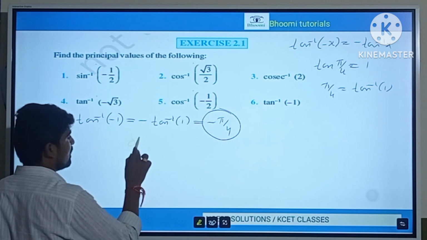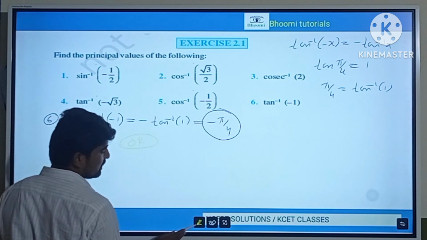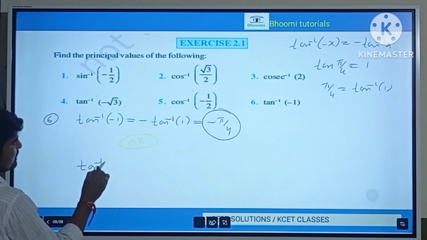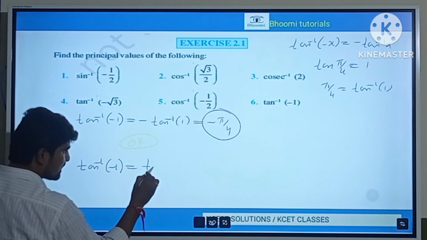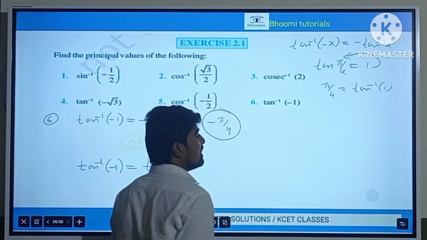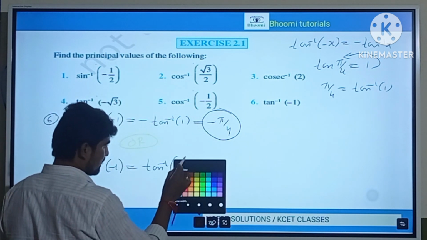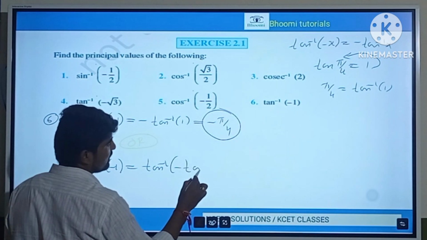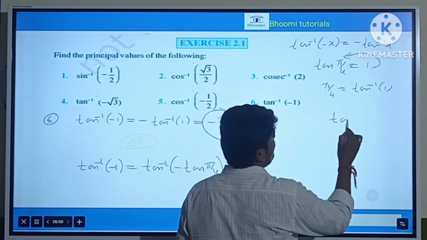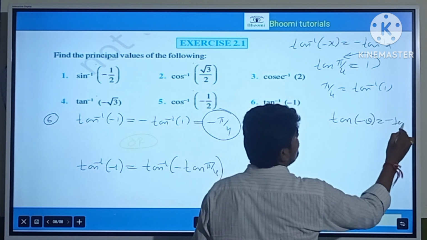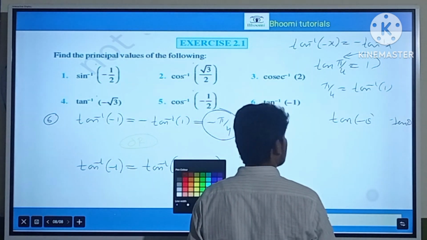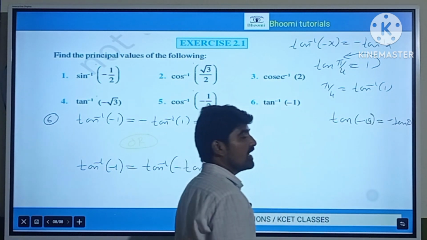Or this can also be solved by a second method. What is that? Tan inverse of minus 1 can be written as tan inverse of minus tan pi by 4, in place of 1 writing tan pi by 4. Again, we know the condition of negative angles: tan of minus theta is equal to minus tan theta.